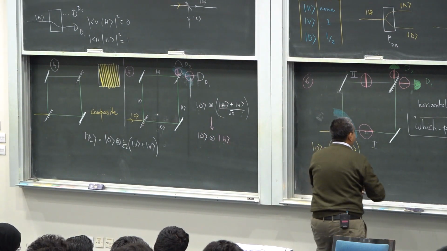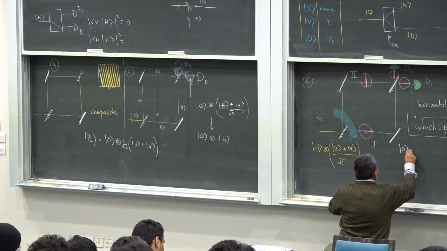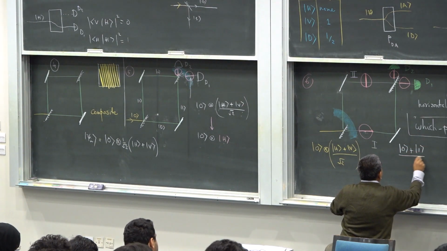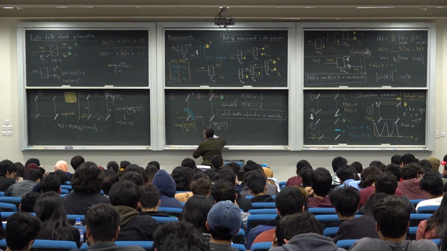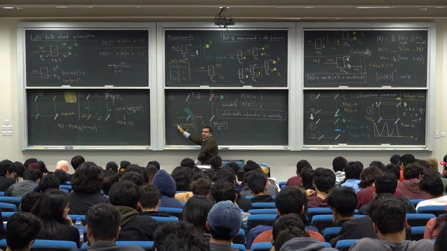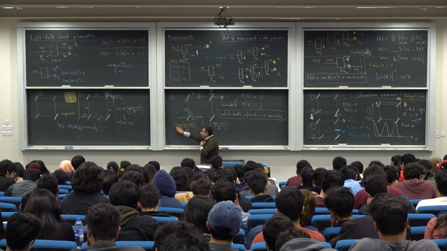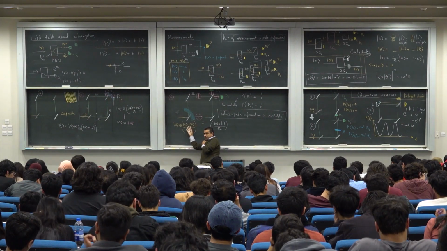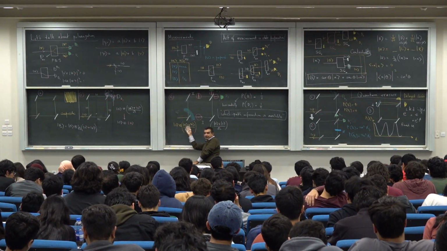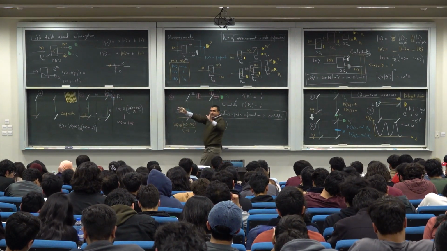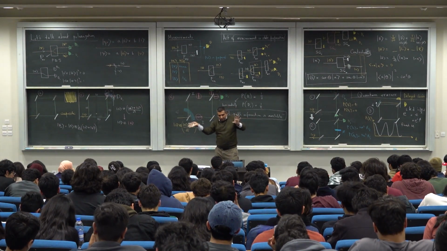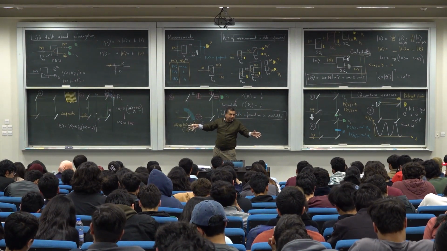Ket 0 goes to ket 0 plus ket 1, and I normalize each. These are called subspaces. This is one quantum subspace, this is another. I am making a composite system with two subspaces, one of the path, one of the polarization.